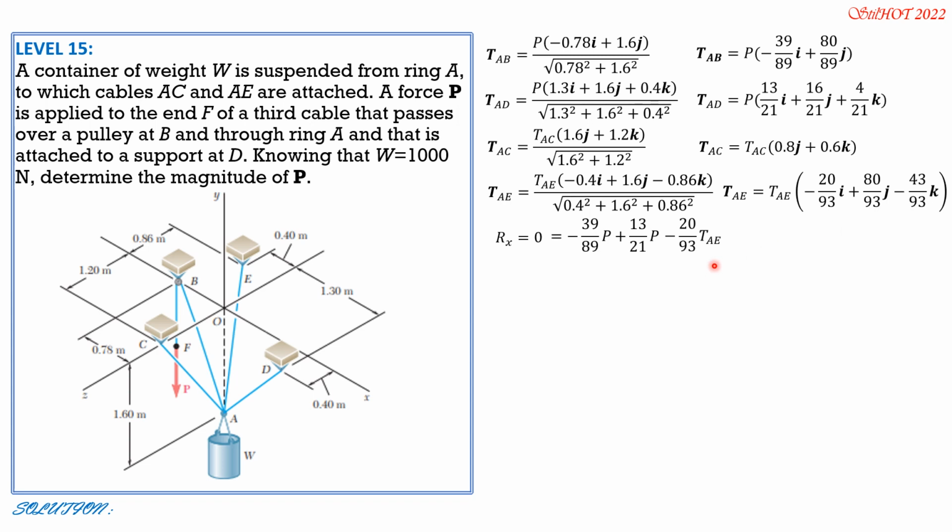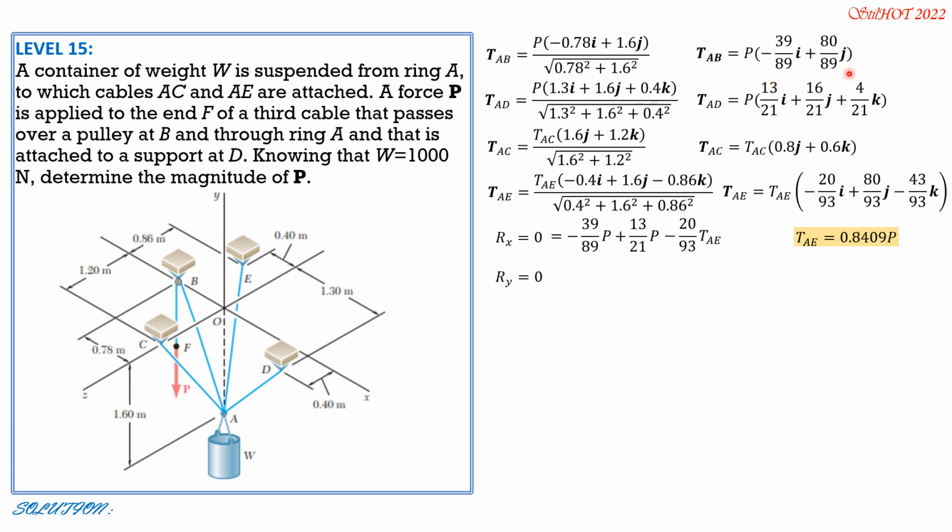So we can express tension AE in terms of P. Tension AE is 0.8409 P from this equation. We can combine this, transpose to the left so that you can express tension AE in terms of P. Ry is 0.